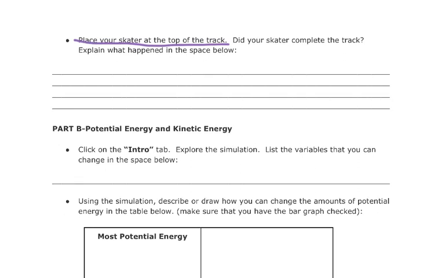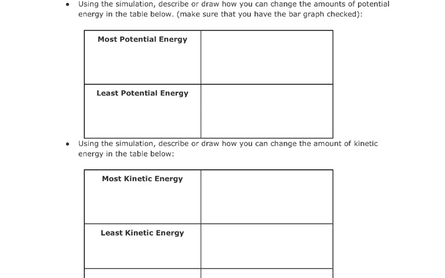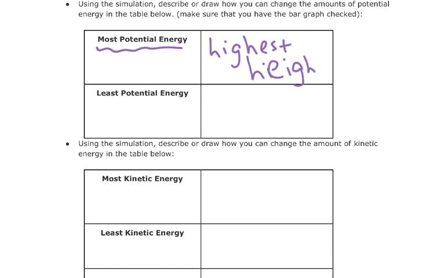The biggest things you should have found were that the ones that had the most potential energy, and we're going to get a little more specific with what type of potential energy this was, but you should have seen that the most potential energy was the one that started at the highest height. That's where the highest potential energy was. The least potential energy was at the lowest height, or at what was called the reference position.